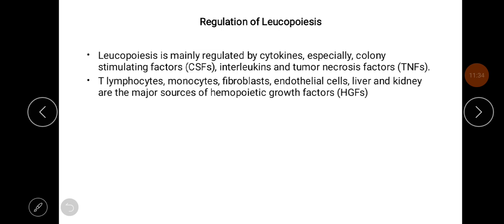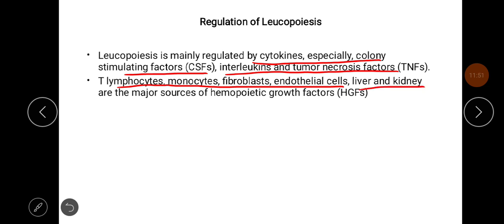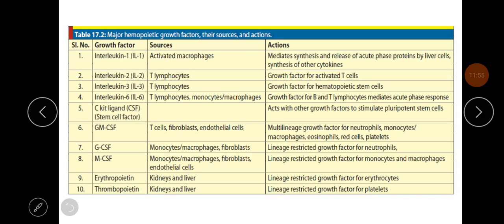How does regulation of leukopoiesis occur? Leukopoiesis is mainly regulated by cytokines, especially the colony stimulating factors, interleukins, and tumor necrosis factors. T lymphocytes, monocytes, fibroblasts, endothelial cells, liver, and kidney are the major sources of hematopoietic growth factors.